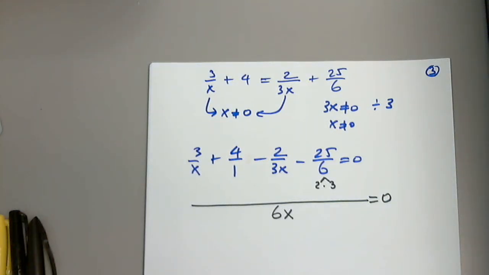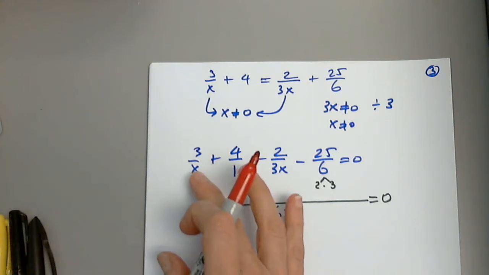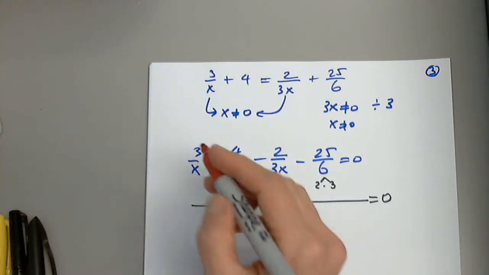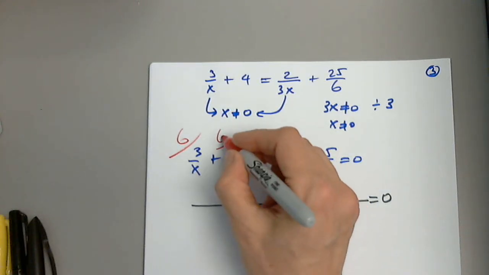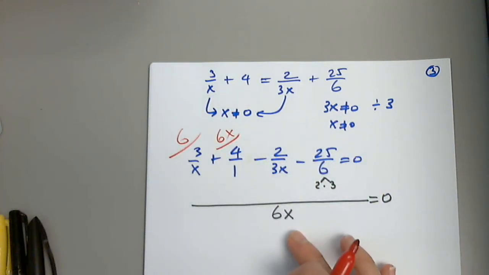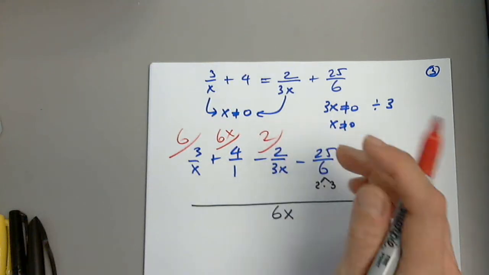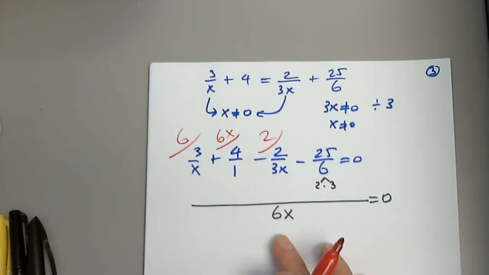If I find answers for all tops, I'm fine. x times what is 6x? 6. 1 times what is 6x? 3x times what is 6x? And 6 times what is 6x? So I know that this is the correct least common denominator. I found answers for all tops.